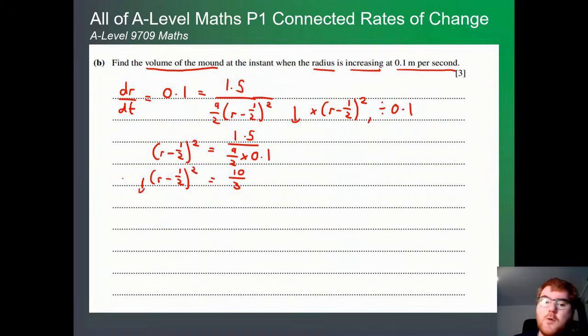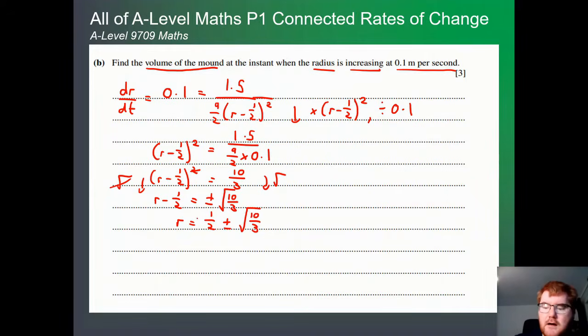So what's the opposite of squaring? Square rooting on both sides. So this cancels, giving us r minus a half. And then we get plus minus the square root of 10 over 3. And then we want the r on its own. So we get r equals a half plus or minus the square root of 10 over 3.